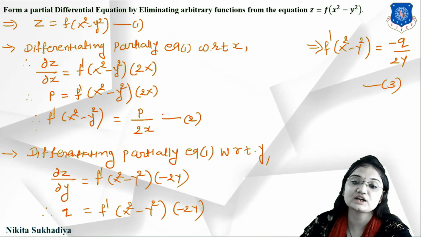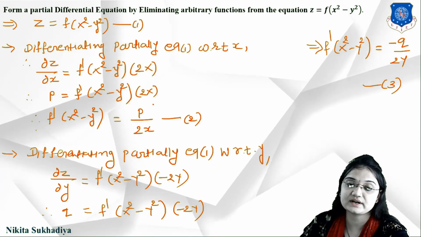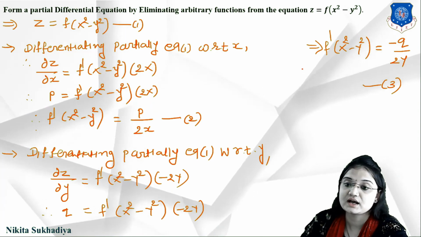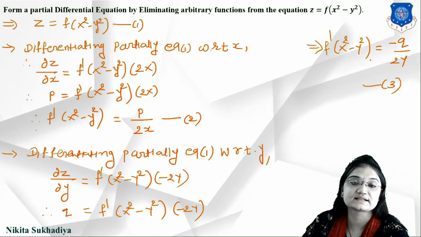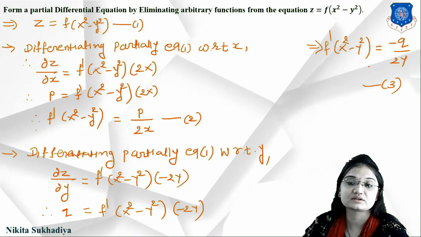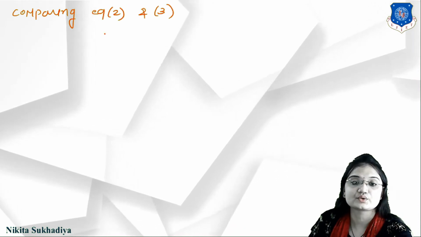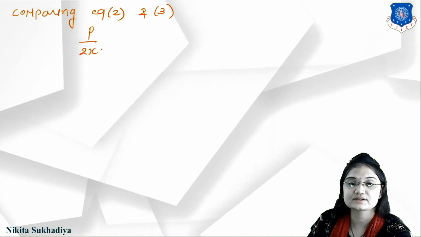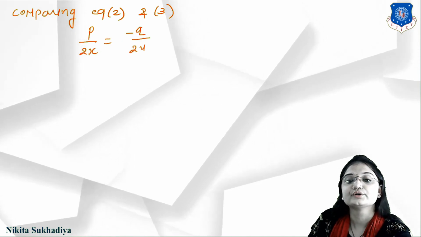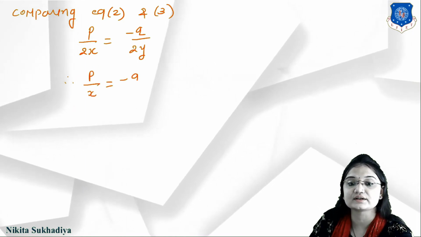Okay, now by comparing equation number 2 and equation number 3, you can clearly see that f dash of x square minus y square is equal to p upon 2x, and here also f dash of x square minus y square is equal to minus q by 2y. So by comparing equation number 2 and 3, we will get p upon 2x is equal to minus q upon 2y. By cancelling out 2 from both sides, we will get p upon x is equal to minus q upon y.